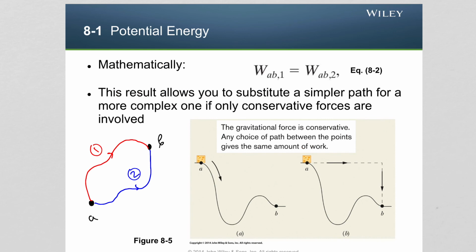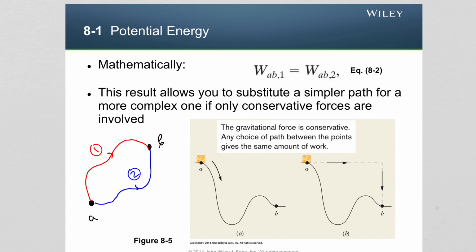So then for 2 points in space A and B, I can say that the work done between A and B along path 1, WAB1, is equal to the work done between A and B along path 2, or that is WAB2.